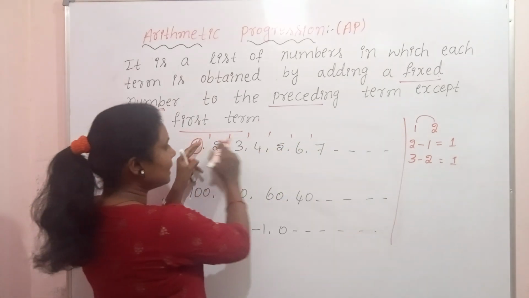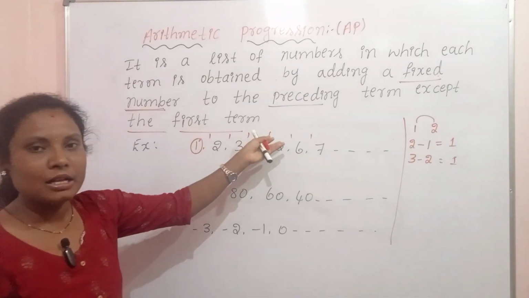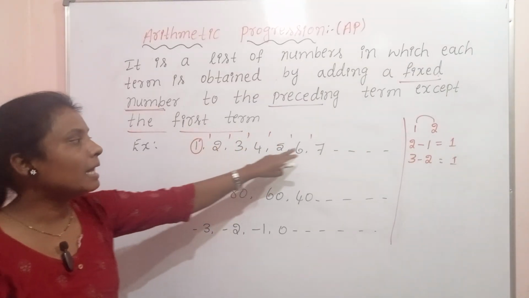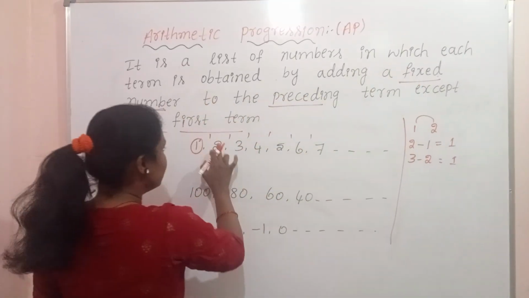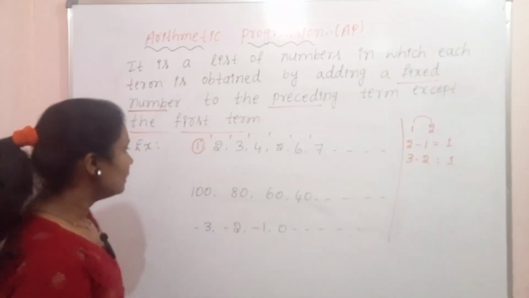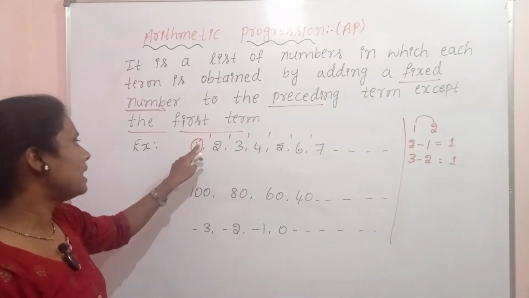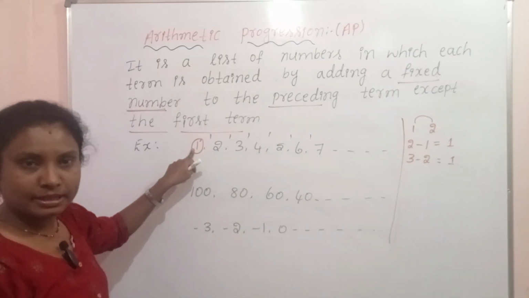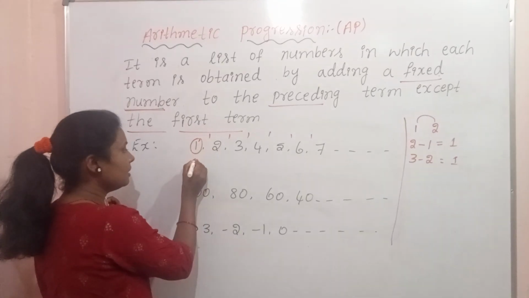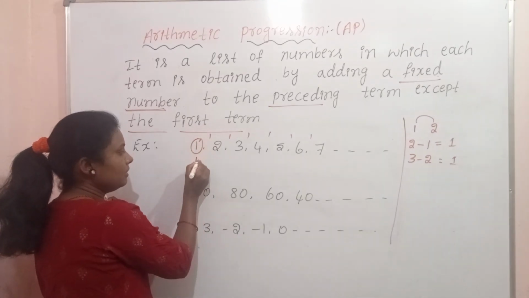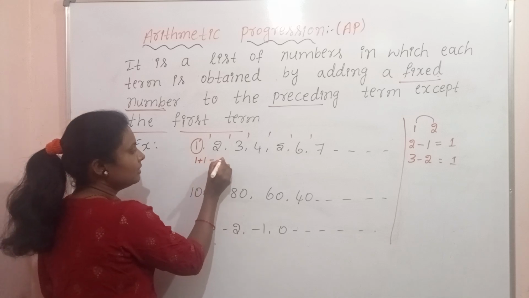That we call a fixed number, and in other words we call it the common difference. In the definition, the given fixed number is 1. The first term is 1. For that, if you add 1, 1 plus 1, this is the preceding number, then the fixed number is 1. 1 plus 1, you will get 2.